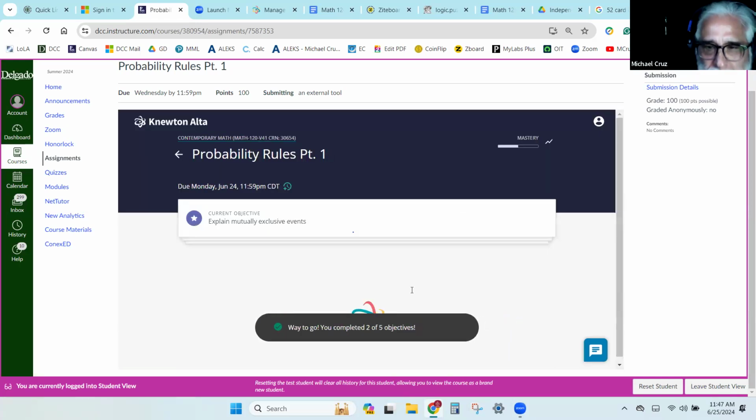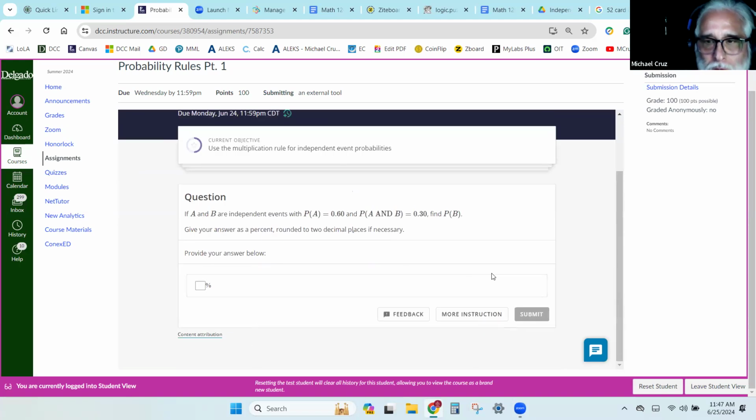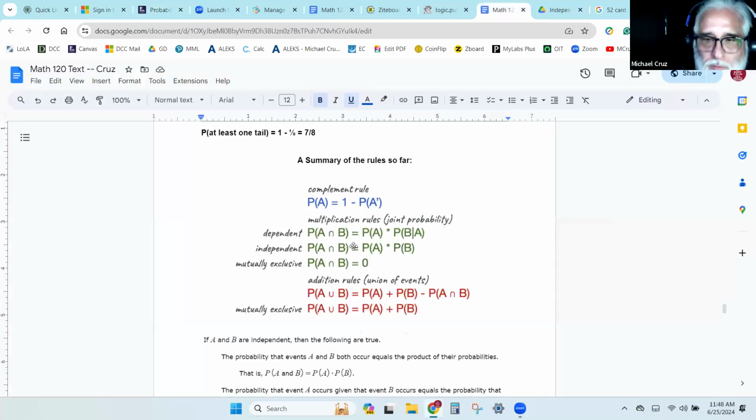All right, 2. All right. So if events are independent, that means they don't affect one another. We also know 2 other things. In other words, they just multiply to get the probability of and.